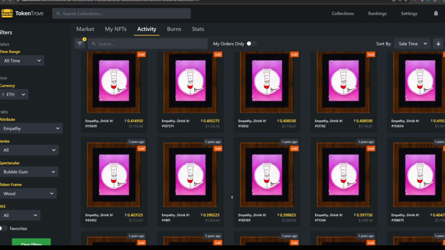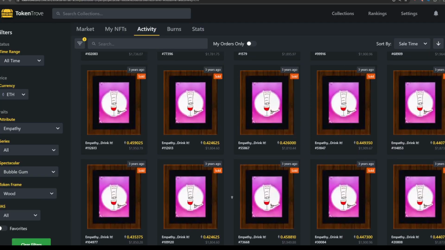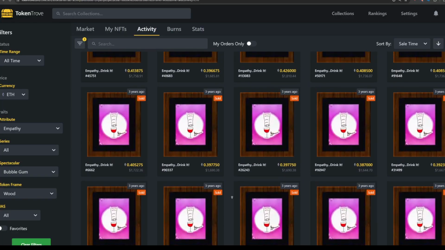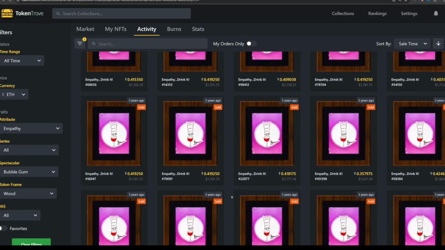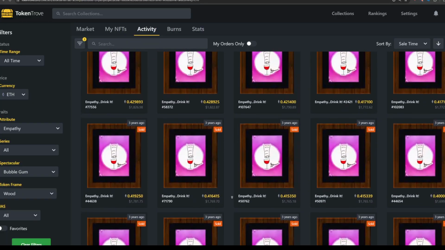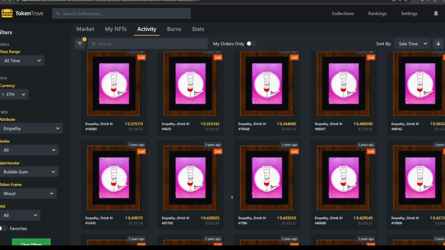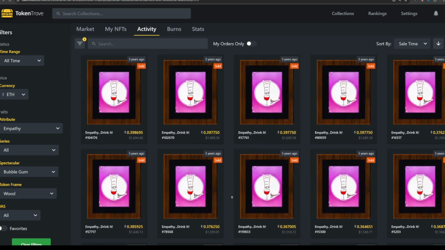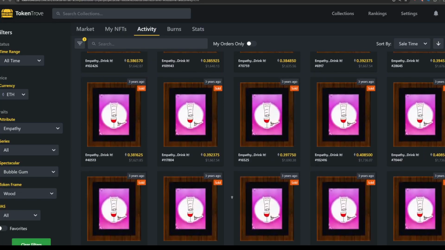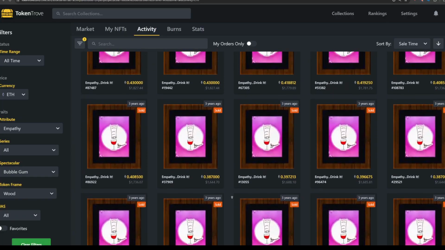This is the median, middle. 0.4, 0.41, 0.45, 0.3, 0.4, 0.42, 0.43, 0.38, 0.41, 0.42, 0.38, 0.37.